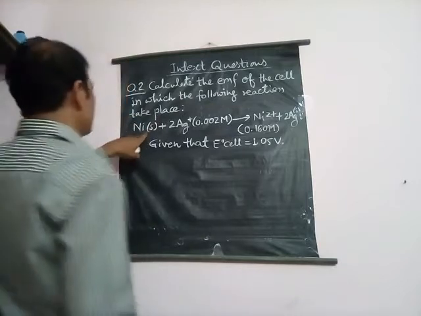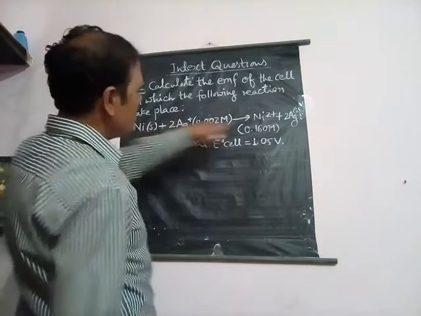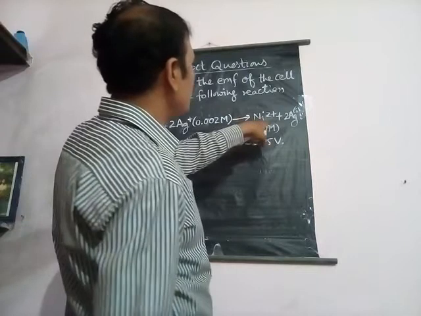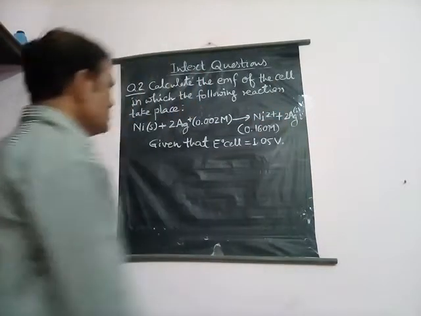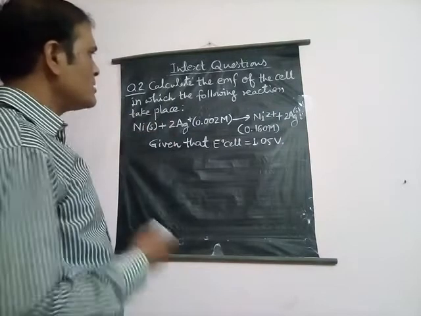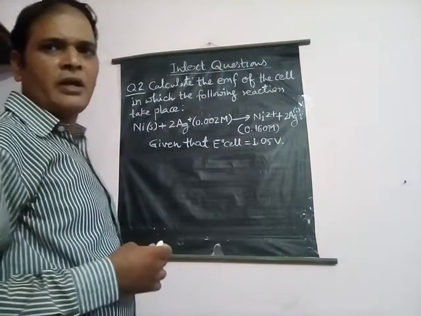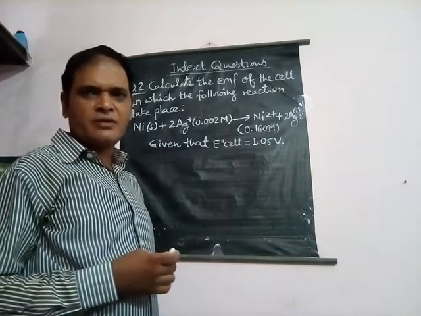Ni, which is present in solid state, reacts with 2 Ag positive ions, and it is converted into the Ni2 positive ion. Before solving this question, we should understand which one will be the anode and which one will be the cathode.